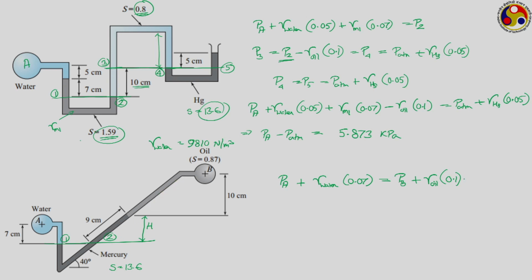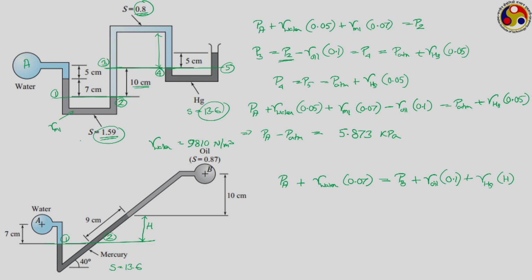And now, along with this we are having this gamma Hg into H, which is the height of the corresponding mercury column. Now, how much is this mercury column height?